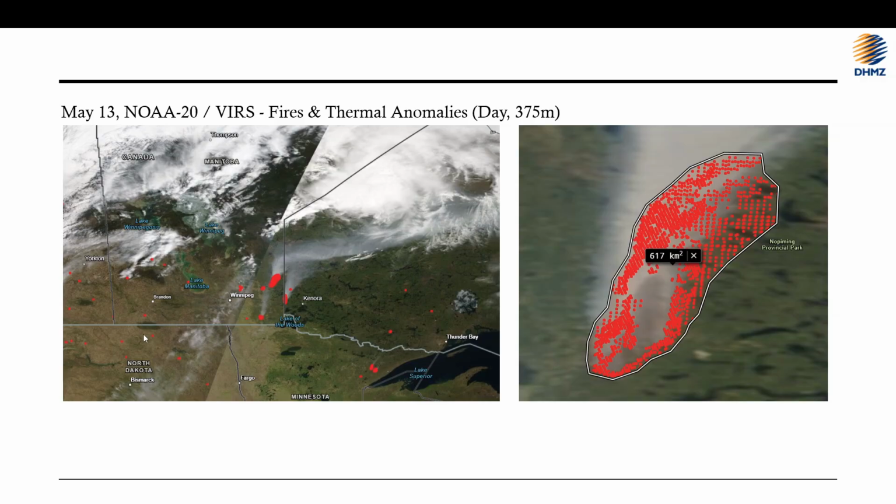But all around, there were some fires in the northern US, in the Ontario province as well here, and the Saskatchewan province as well. And you can see here that really the largest area, so this one here is this area zoomed in, was about 600 square kilometers, so quite a lot of fire activity.